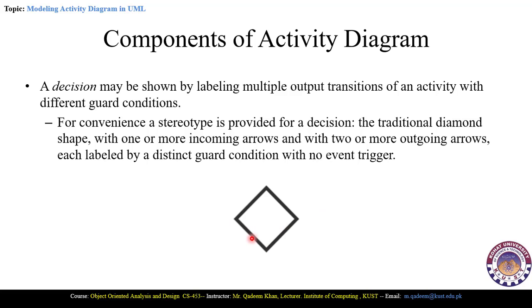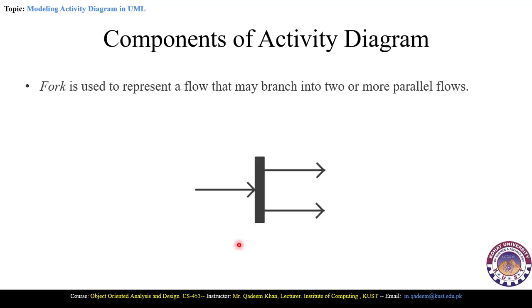So the distinct guard condition with no event trigger is used when you want that no certain event is required here. Another component used for the activity diagram is called fork, and the fork represents that a flow may be branched into multiple parallel activities in the activity diagrams.